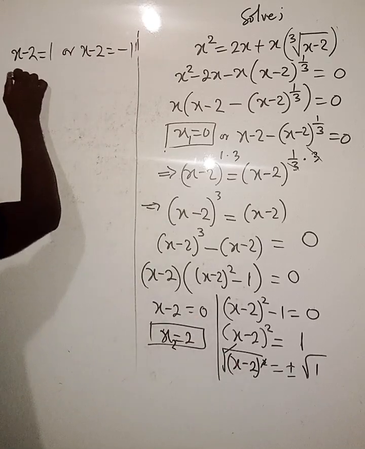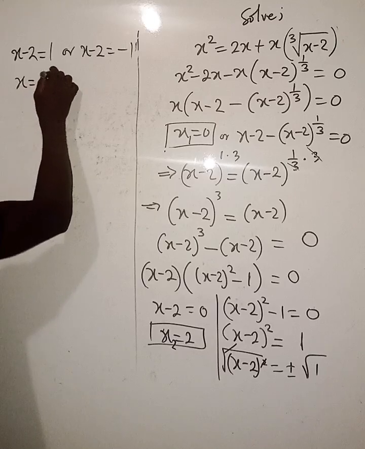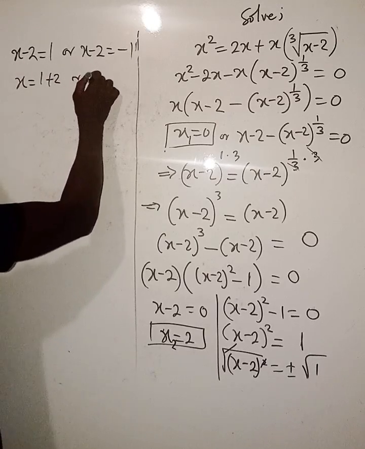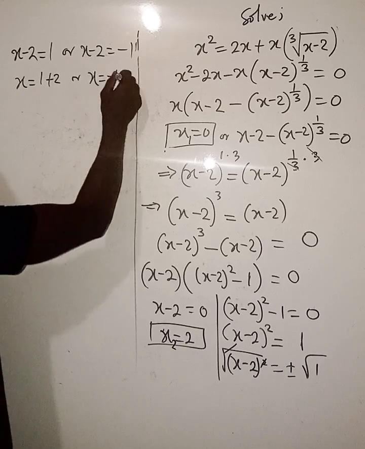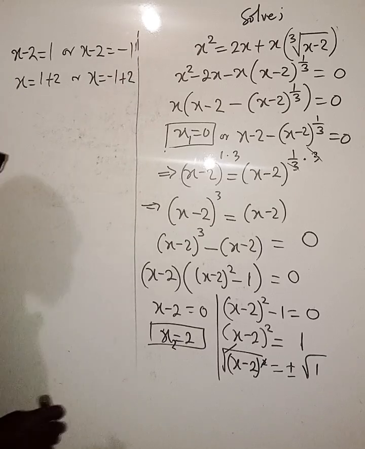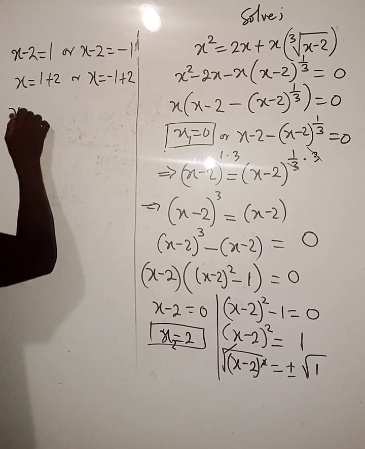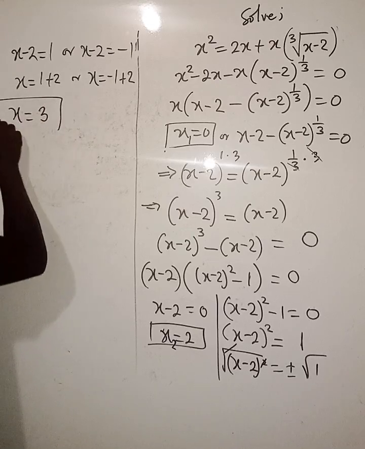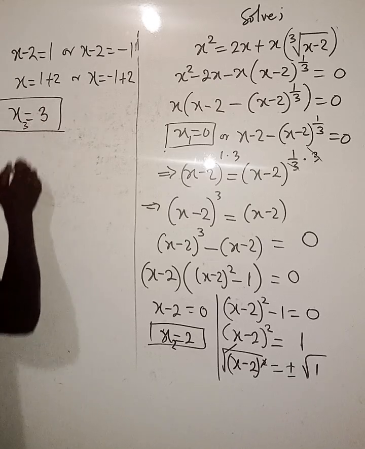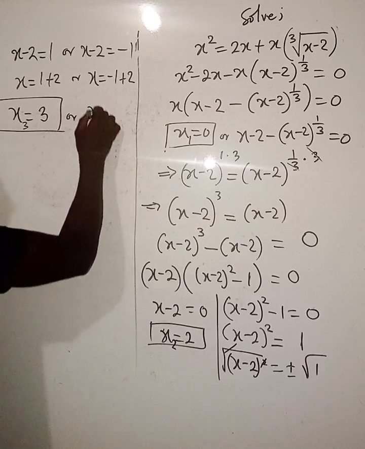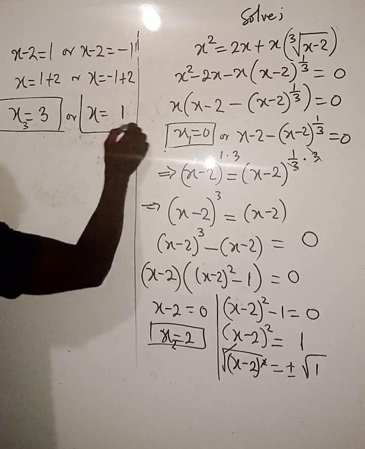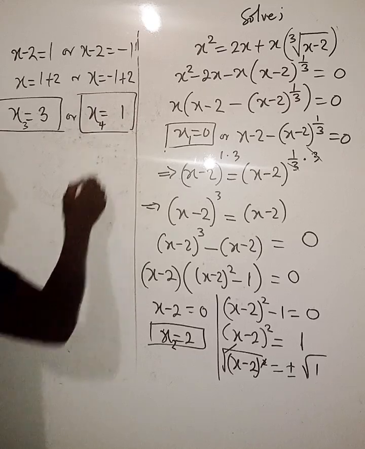So x equals 1 plus 2 if you transpose, or x equals minus 1 plus 2. So x is 3, another solution, x3. Or x equals minus 1 plus 2, we're going to have 1. That is x4.